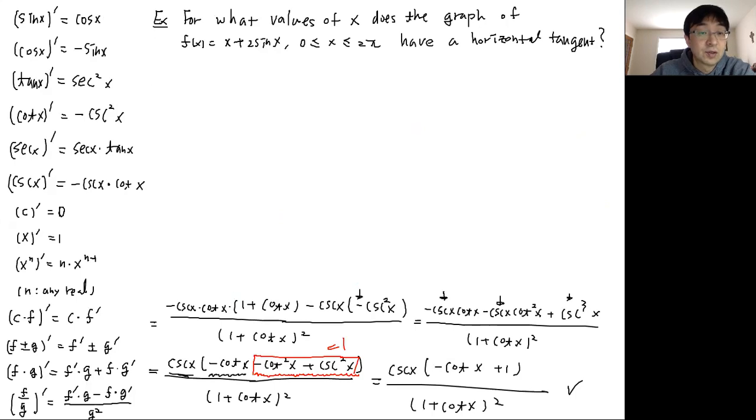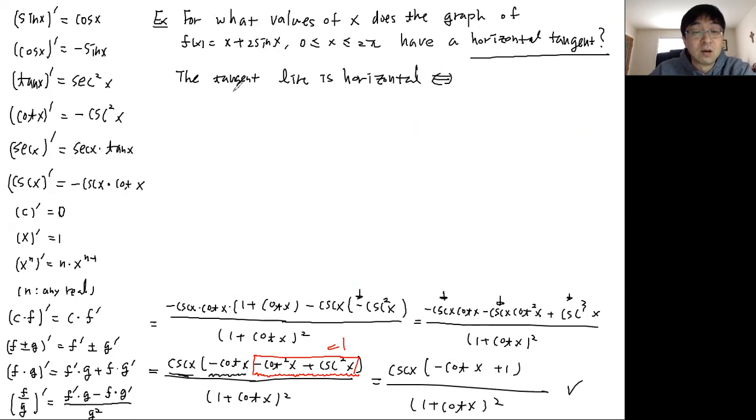So we can use this idea here. What's the slope of the tangent line? The slope of the tangent line is f prime of x. The slope of the tangent line is 0. We have a horizontal line, slope equal to 0. F prime of x equal to 0.